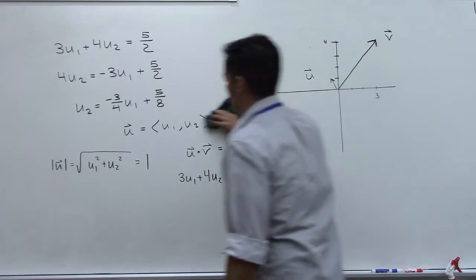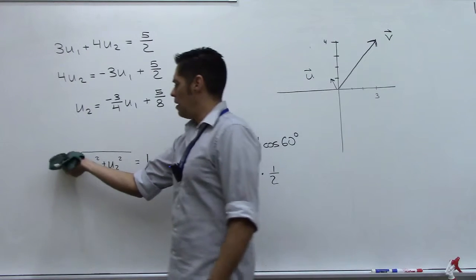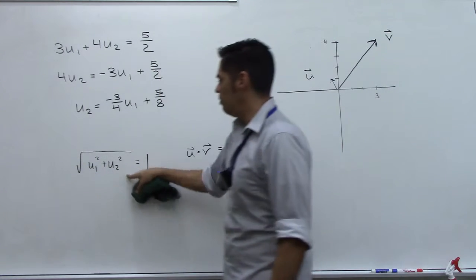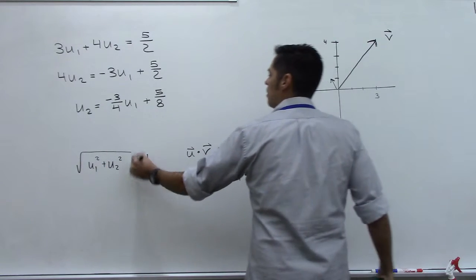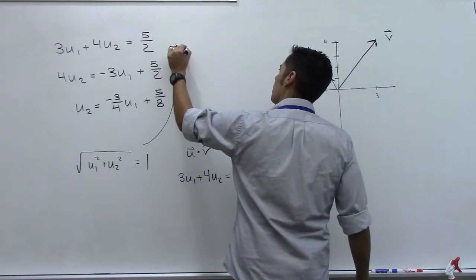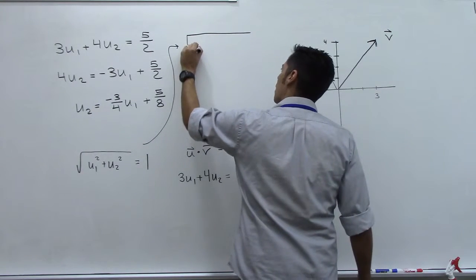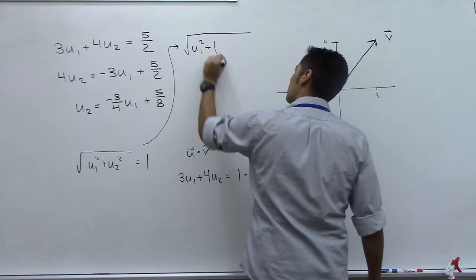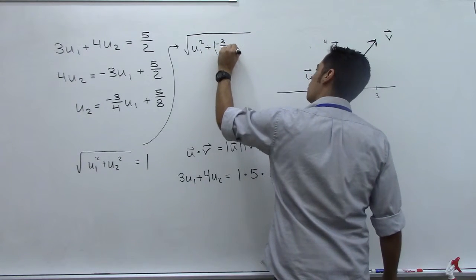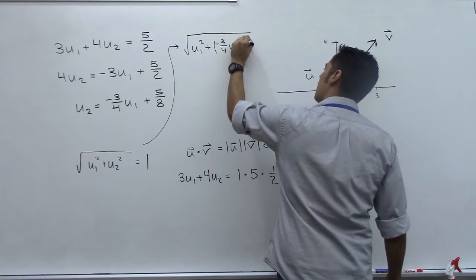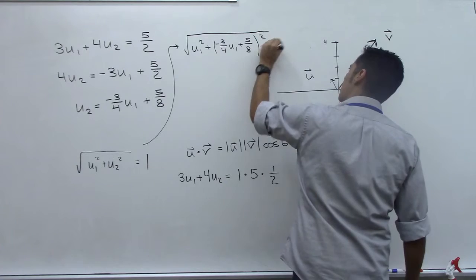Which means that u2 is equal to negative 3/4 u1 plus 5/8. Coming here, I'm going to rewrite this equation. I know what u2 is, and I'm going to leave u1 as u1. So this becomes the square root of u1 squared plus negative 3/4 u1 plus 5/8, squared, and that must equal 1.